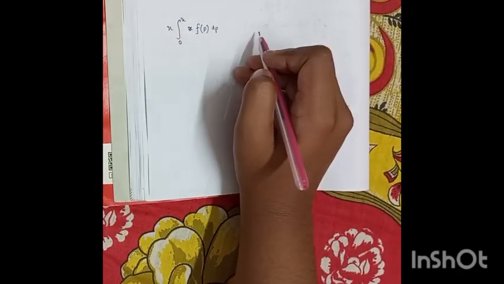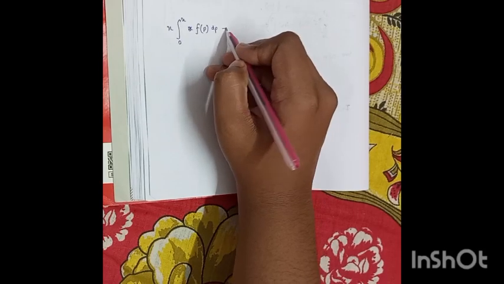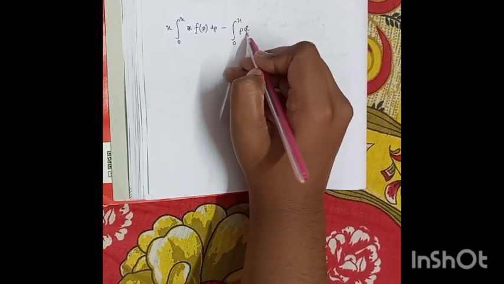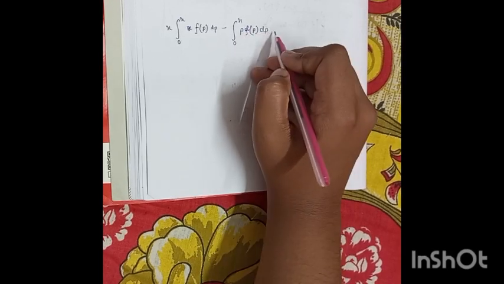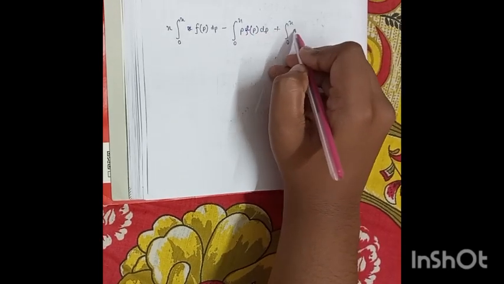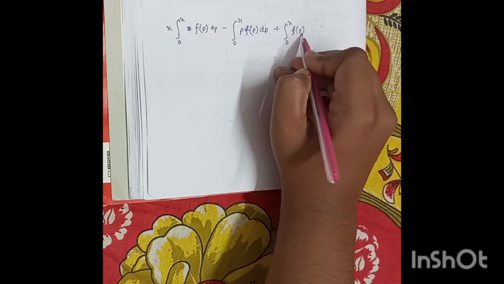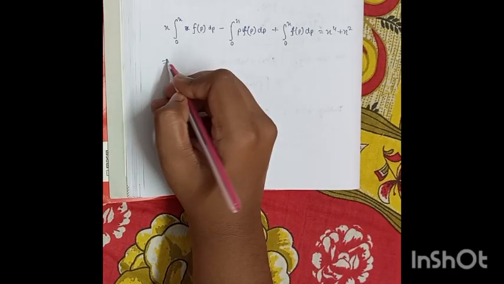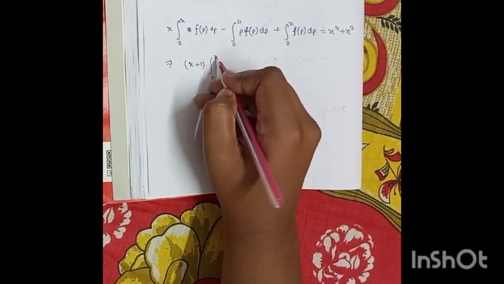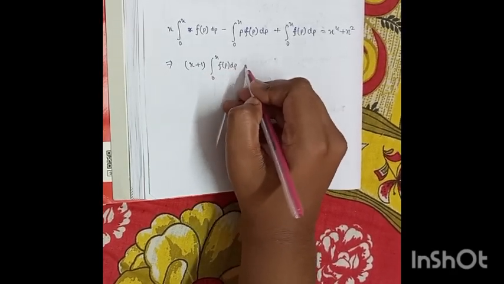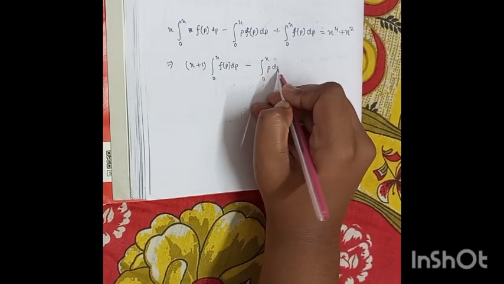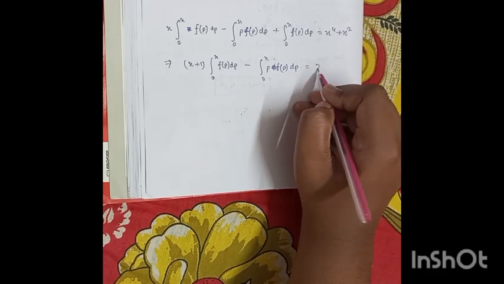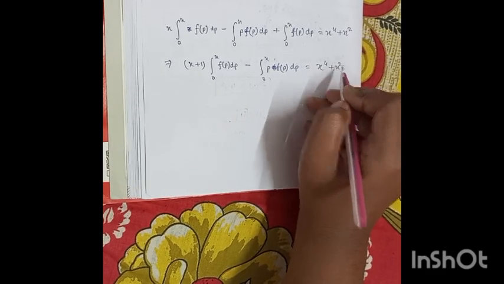So let me write it here: integral 0 to x f(p) dp, and then integral 0 to x p f(p) dp, and then integral 0 to x f(p) dp is equal to x to the power 4 plus x square. So basically (x plus 1) integral 0 to x f(p) dp minus integral 0 to x p f(p) dp is equal to x to the power 4 plus x square.